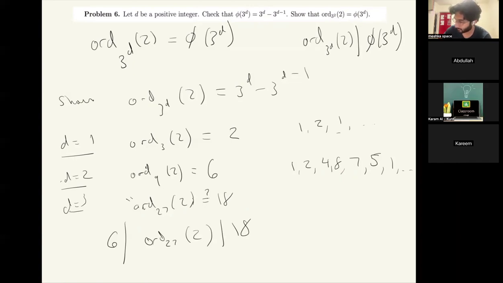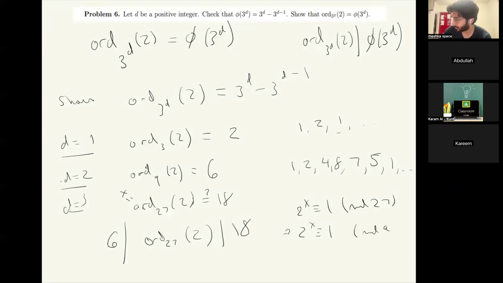So let's call this number x, for example. You're saying 2 to the x is congruent to 1 mod 27, which implies that it's congruent to 1 mod 9.